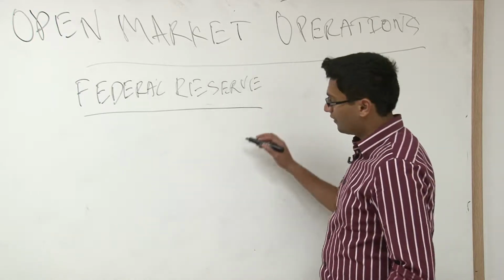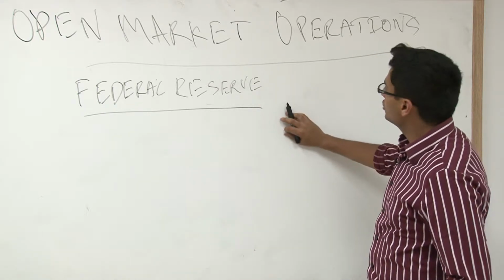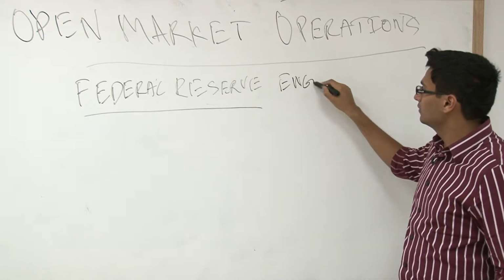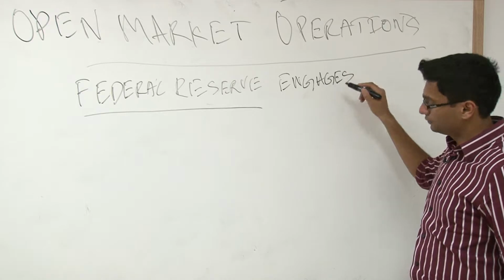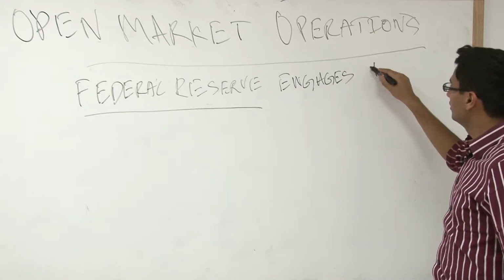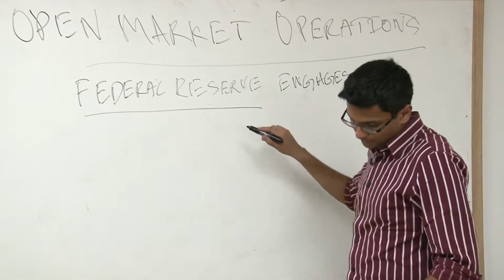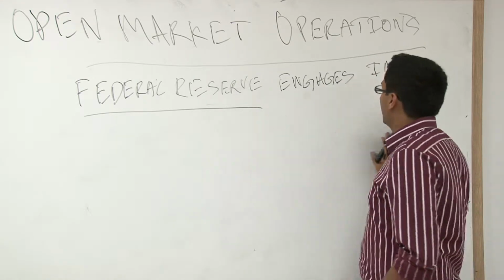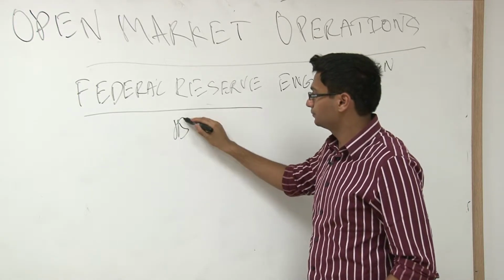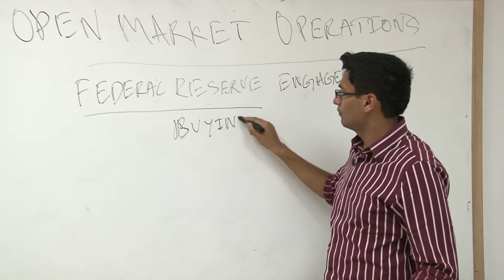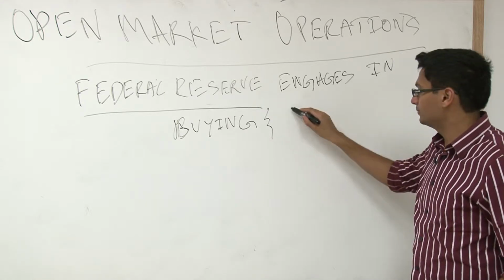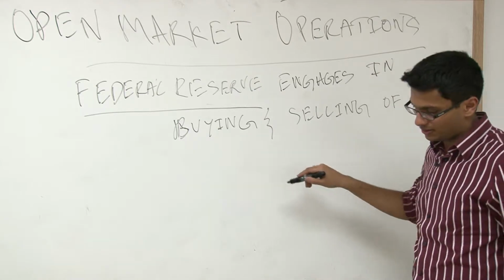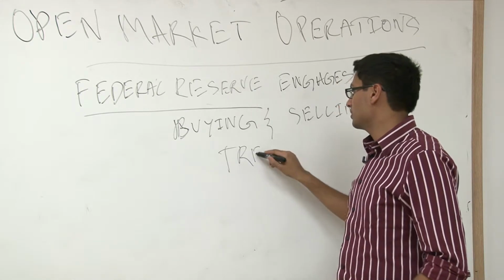Let me finish this definition. Open market operations are when the Federal Reserve Board engages in buying and selling of bonds, and more specifically speaking, Treasury bonds.